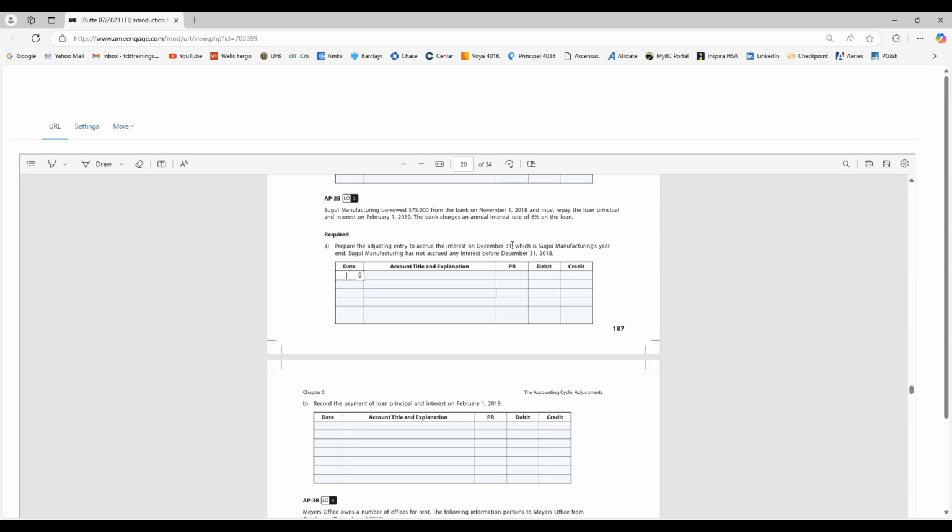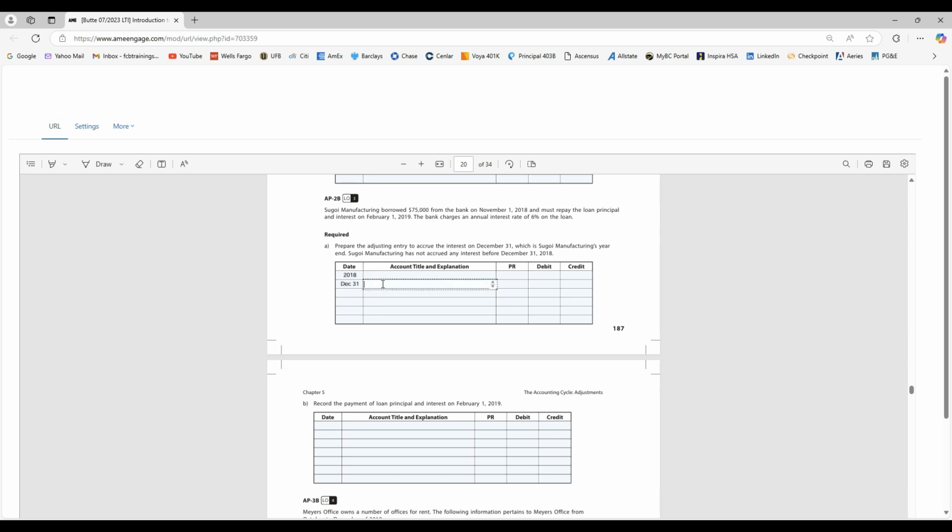So we need to take 2/12 times 6% times 75,000, so 2/12 of the total annual interest. And that amount is going to be $750.